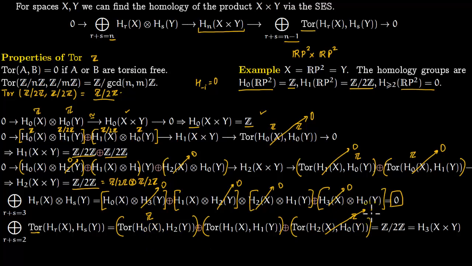So this will become 0, this will become 0 because of our first property. So everything in the Tor comes from these two terms, and these two terms, H1 X and H1 Y, are the same. This is Z modulo 2Z, which is precisely what we have written here, and that's what you get here. So you get H3 as Z modulo 2Z. And for H4 and higher, everything would be 0 because this term would be 0 and this term would be 0.